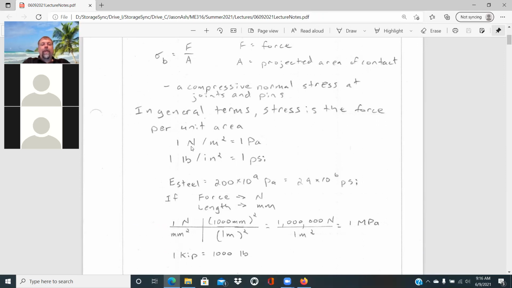So you end up with a pound per inch squared for a force per unit area, or 1 PSI. And there are 6,894.8 Pascals in 1 PSI.